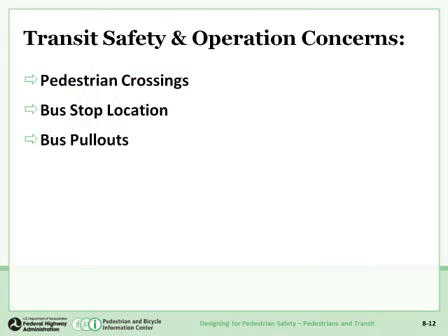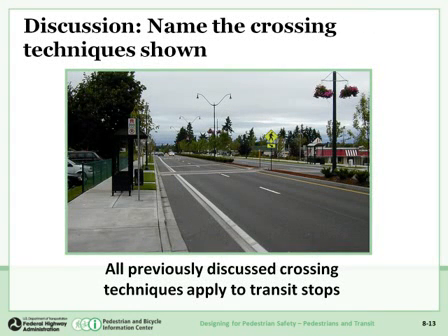So now we're going to discuss a few types of facilities: pedestrian crossings, bus stop locations, and bus pullouts. This is an overview of some of the things that we had discussed in some of the other modules.